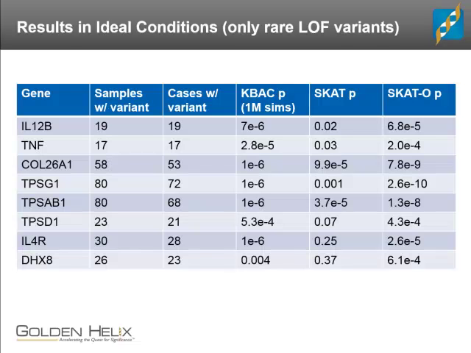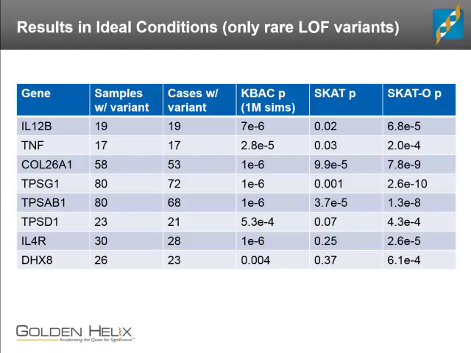So, what we were just looking at was ideal conditions. We knew exactly what a causal variant should look like and only included causal variants in the test. And in that situation, what we find is most of these came up pretty well. There were about 18,000 genes that were tested.